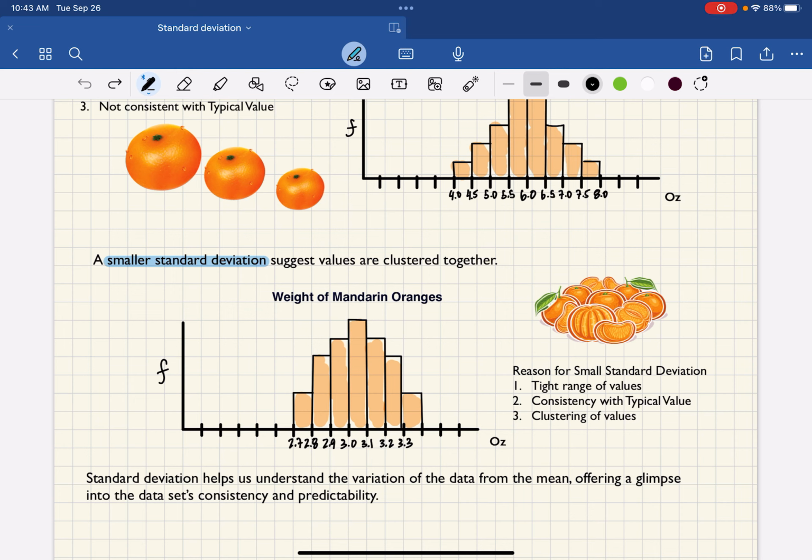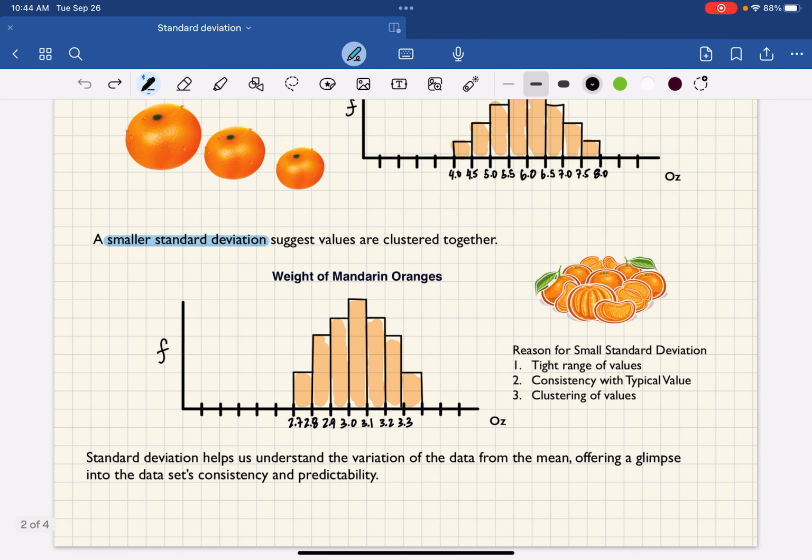Consistency with the typical value, meaning if you're consistent with the values, close to the typical value, then these particular oranges, the mandarin oranges, are going to be more the same when you choose them. And then the clustering of values is another reason.